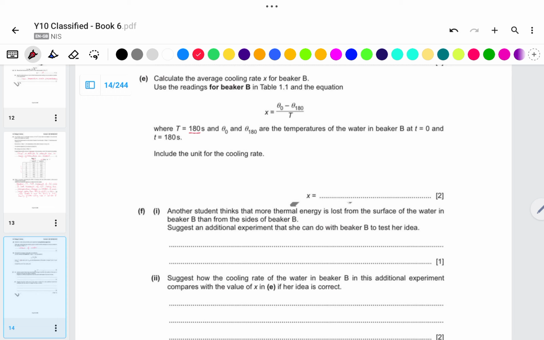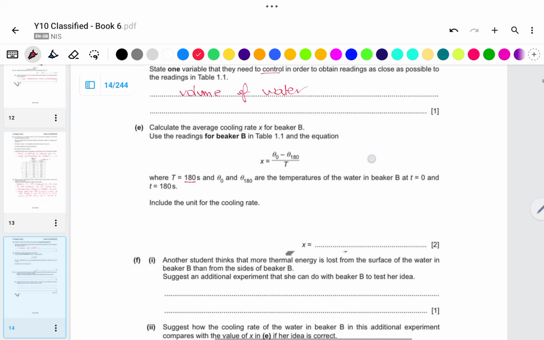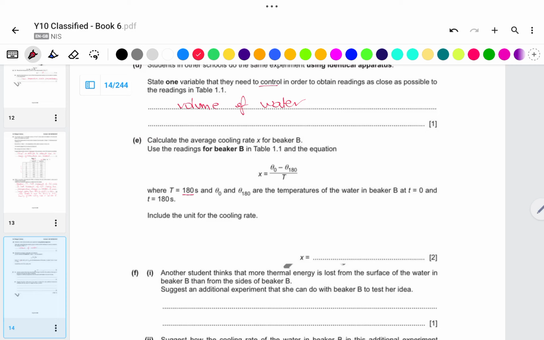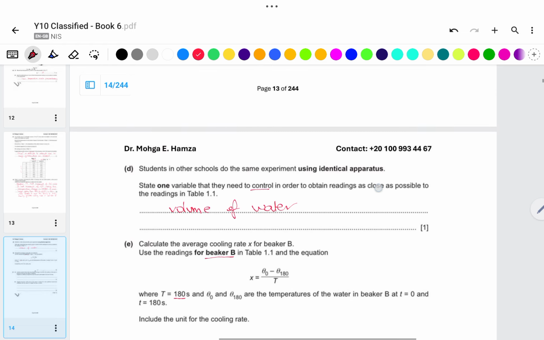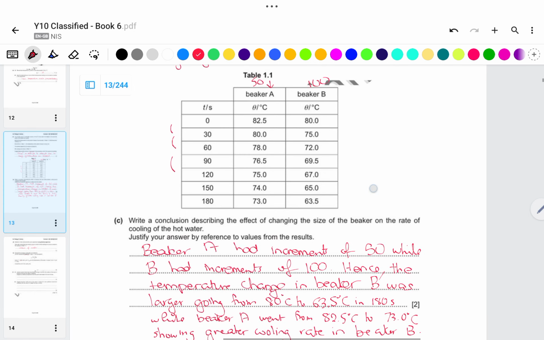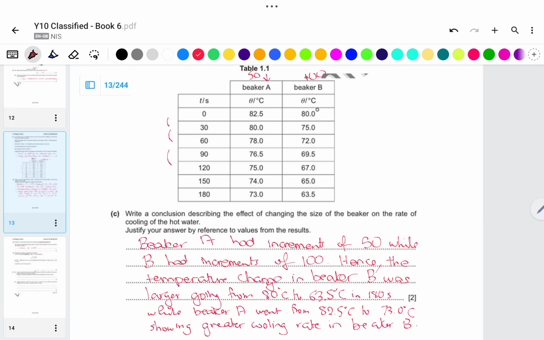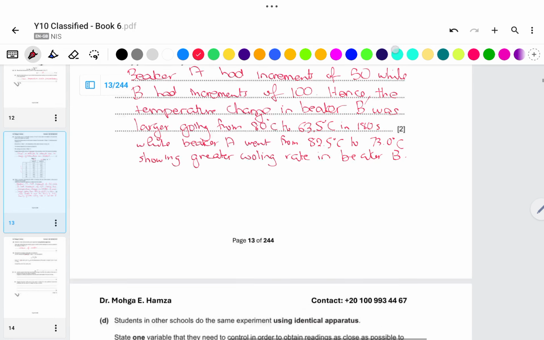Include the unit for the cooling rate. So for this part, we're going to work with beaker B. So we need to go up and find at T0 and at T180 for beaker B what was the temperature? 80, 63.5.